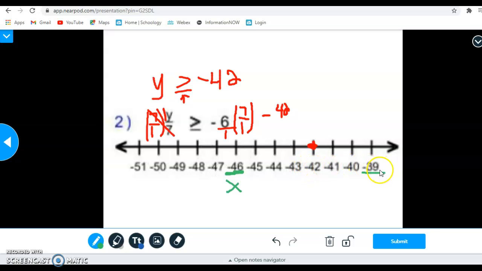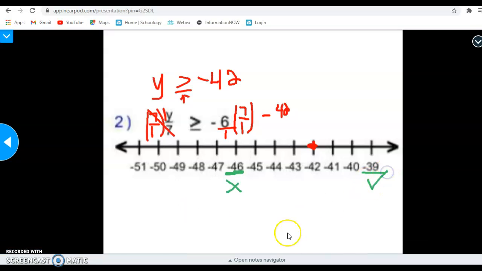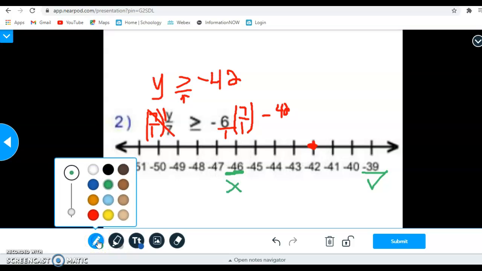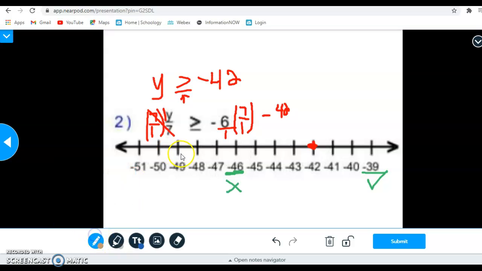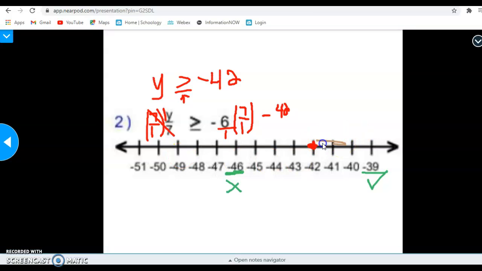So let's look at -39. Is -39 greater than -42? Yes. Yes, -39 is indeed greater than -42. So let's draw our line here, in the direction that we need it to go in.